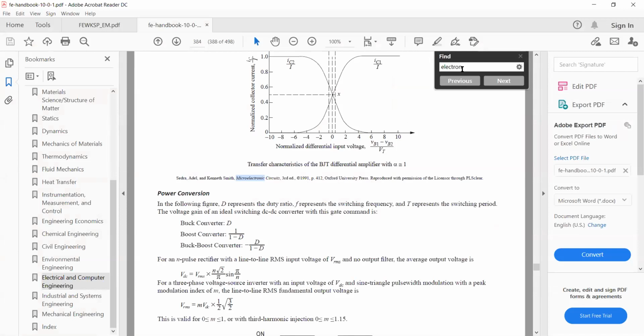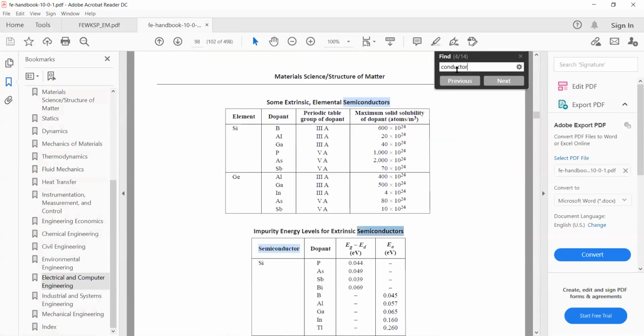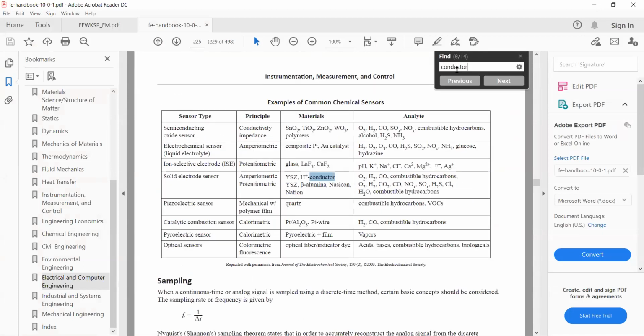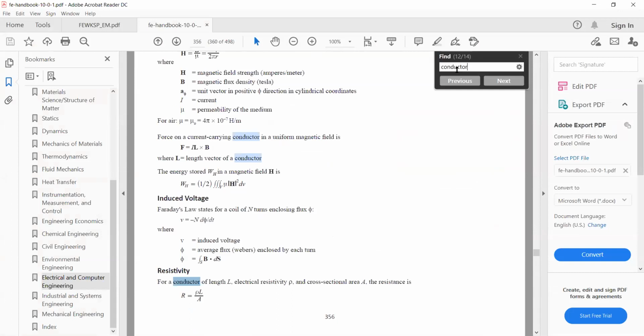Cool. We can look up conductor now. Go through some of the choices. Magnetic fields, conductors, resistivity. For a conductor of length L, electrical resistivity rho, and cross-sectional area A, the resistance is, bam, right here.